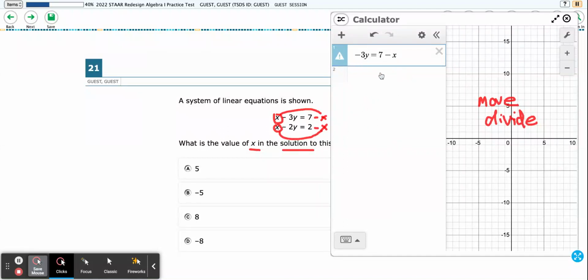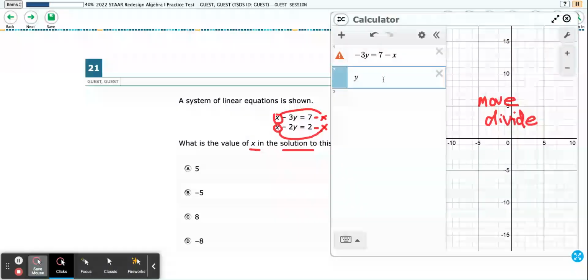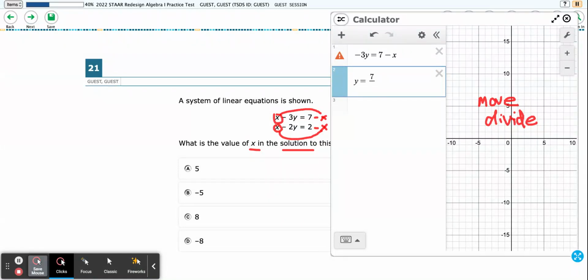But it's not ready to go yet, so I need to divide by that negative 3. So the whole thing is going to be y equals 7 divided by negative 3, arrow out, and then minus x divided by negative 3.